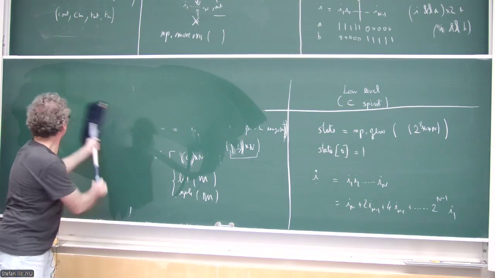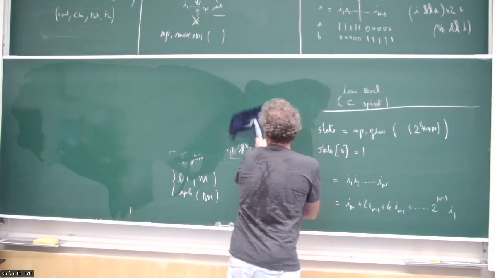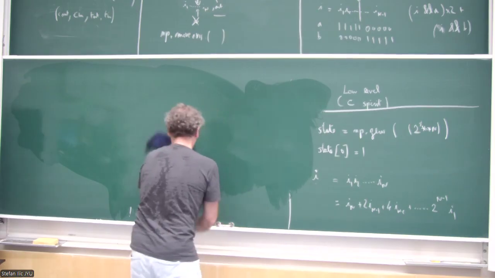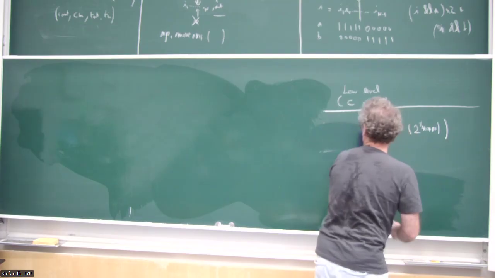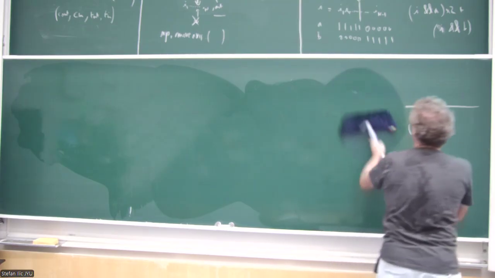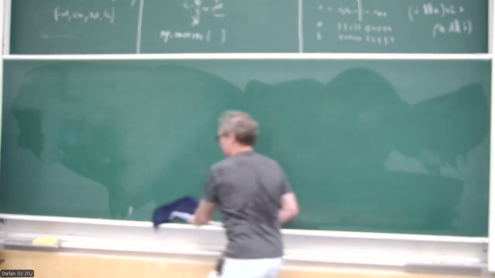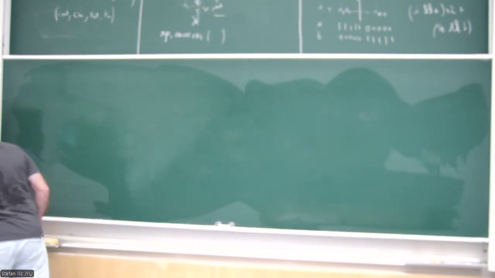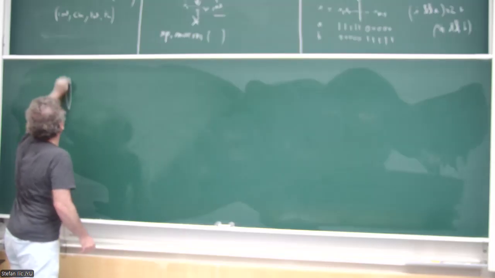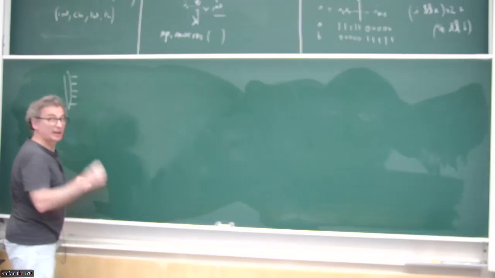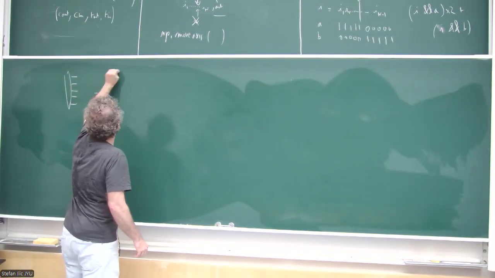It should be relatively easy. Okay, so we said that we have our state vector, and we want to write it in the form of an MPS.